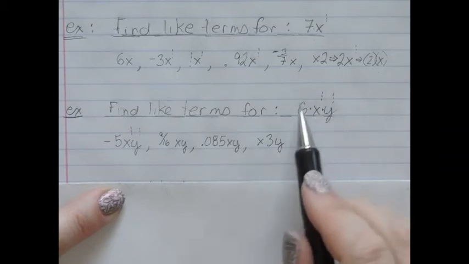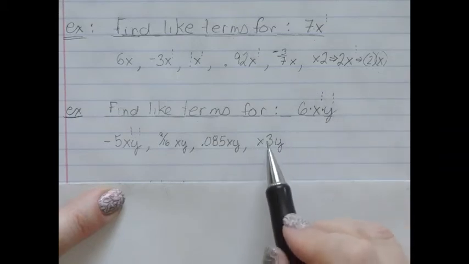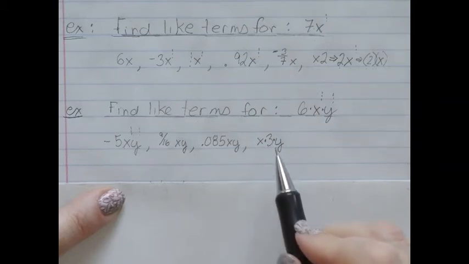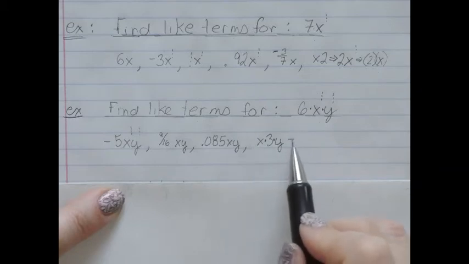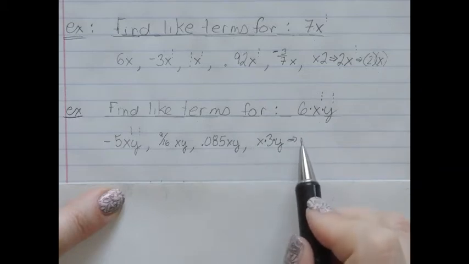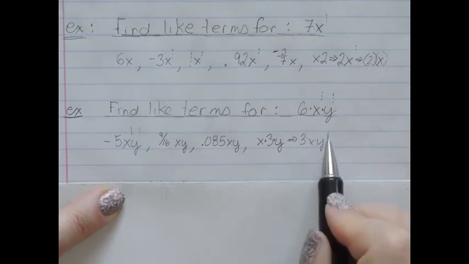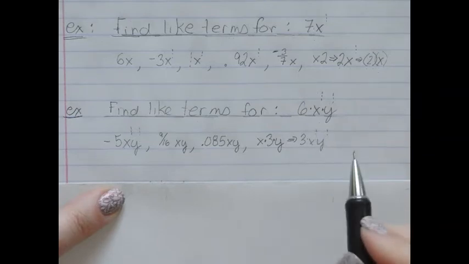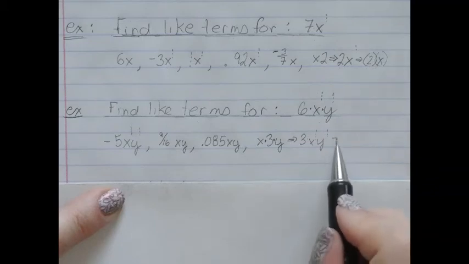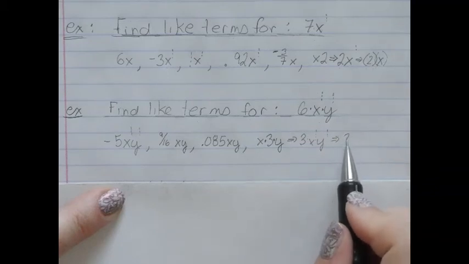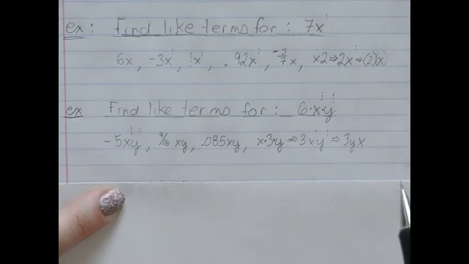Realize something here. The order doesn't matter. These are all multiplying. Could I rearrange this? Yeah, I could write this as 3 times x times y, still having exponents of 1. So the order won't matter. I mean, you could still write this as 3yx as well. That is the same thing.